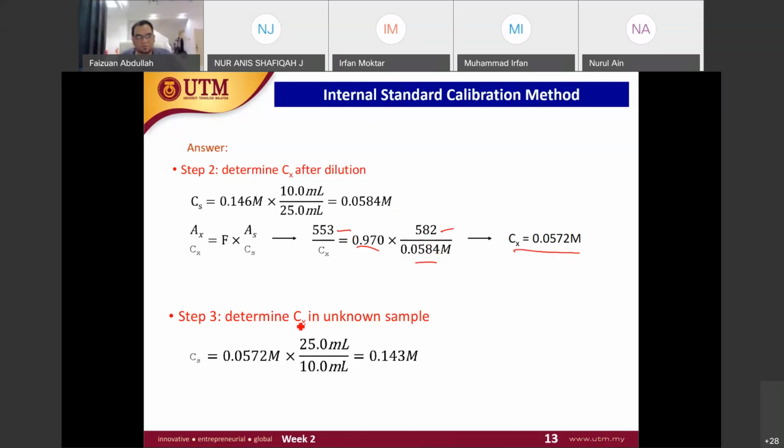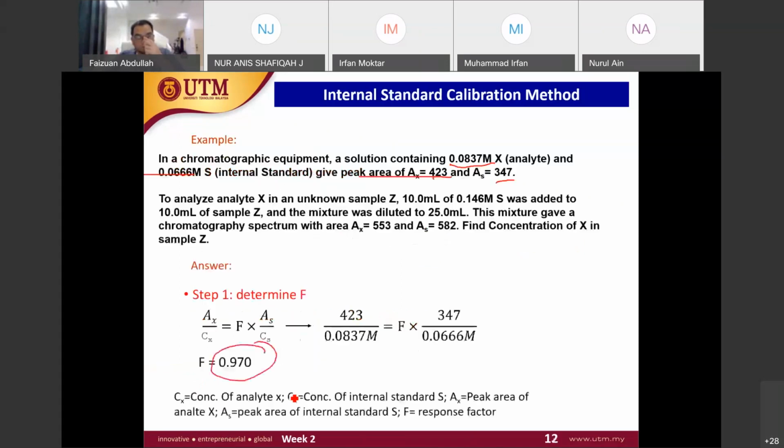Now we need to determine Cx in the unknown sample. So this is Cx, sorry, this is Cx, not Cs. It said that the mixture gave a chromatography spectrum with area of X 553 and S 582.